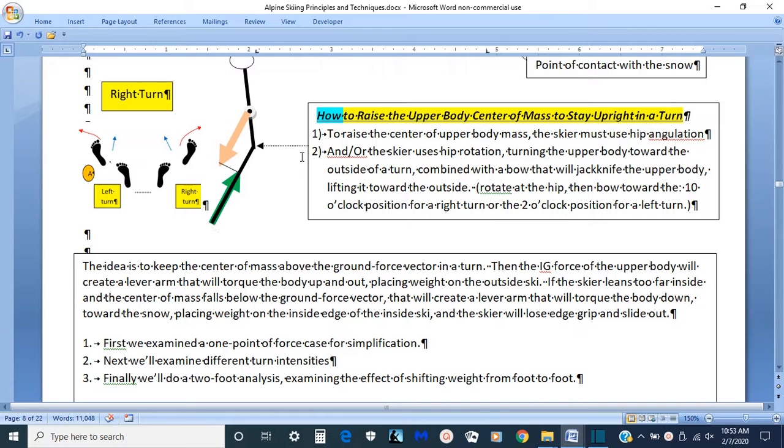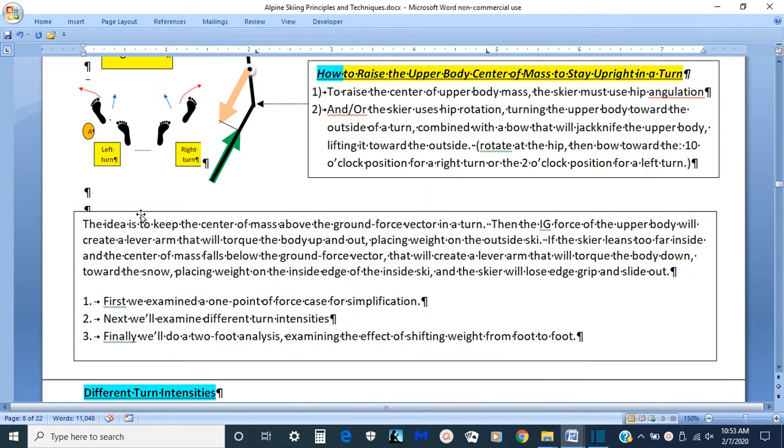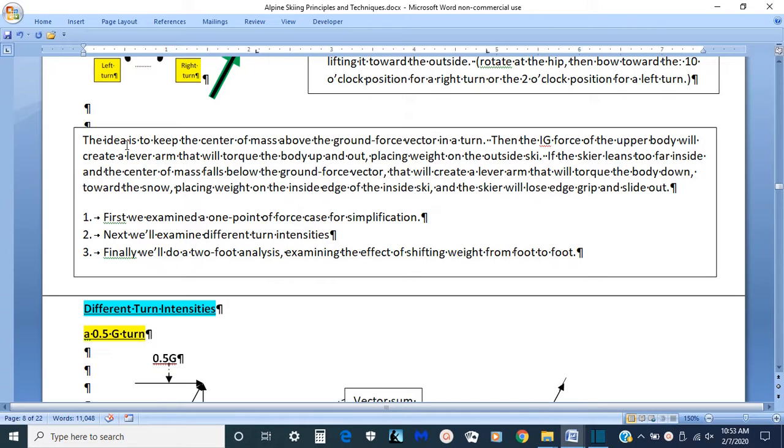The ski is not going to hold its edge, and you're just going to slide out. I'll show you a video of this at the end of this lesson. So the idea is to keep the center of mass above.